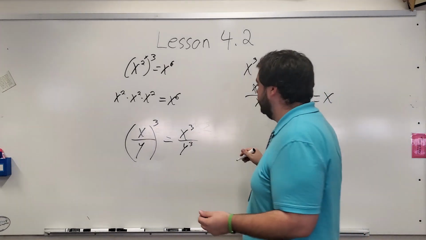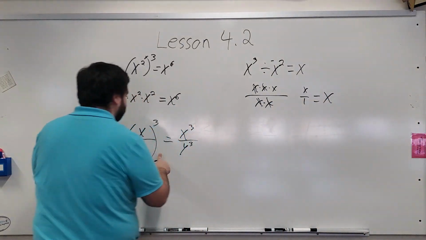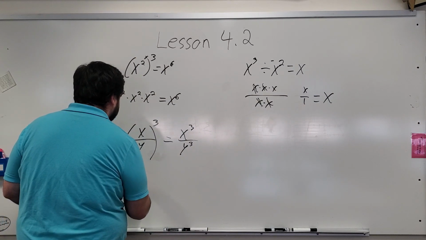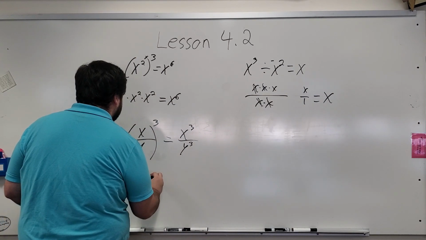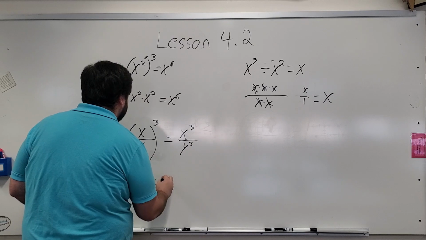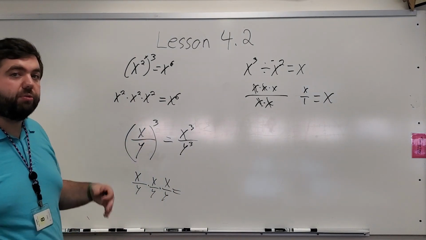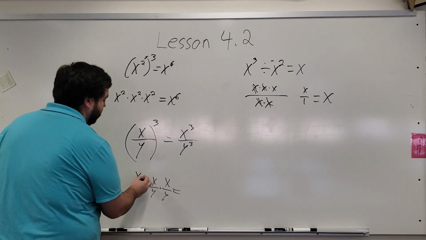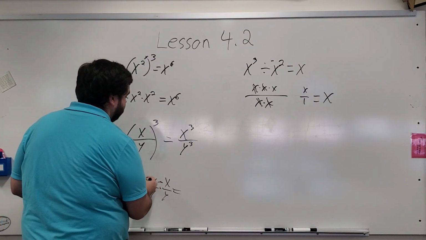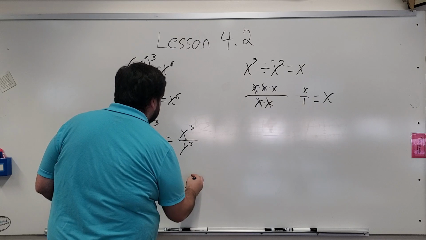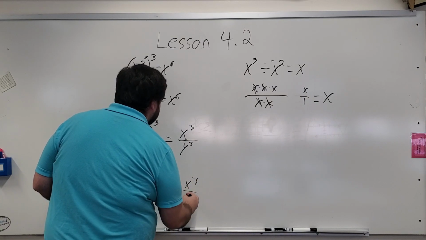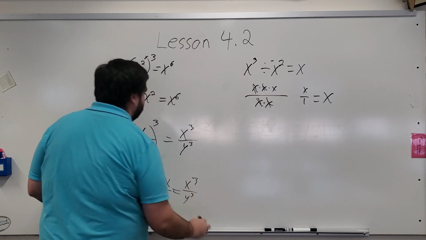Again, to prove it, this is repeated multiplication, right? So I have x over y times x over y times x over y. When we multiply fractions, we multiply straight across. So I end up with x times x times x, which is x to the 3rd, over y times y times y, y to the 3rd.